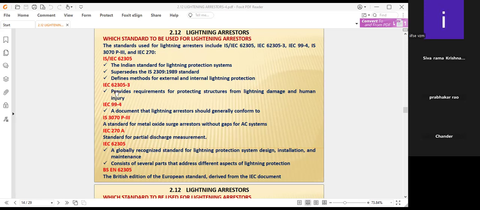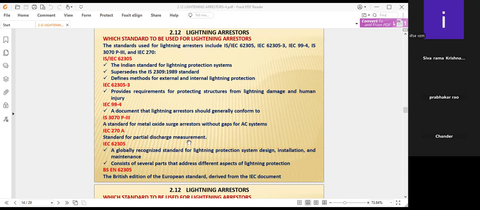So here the IS 2304 provides the requirement for protecting structures from lightning. The third one is IEC 99-4, a document that lightning arresters should generally conform to. That means the documentation is there on how to proceed, which type of lightning arrester will be taken for which type of electricity. The documentation part will be taken care of.